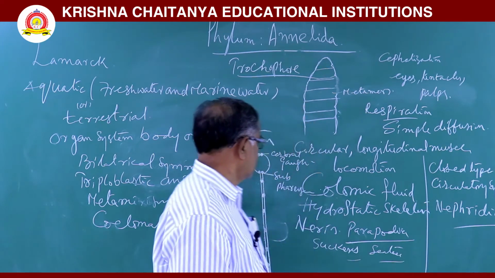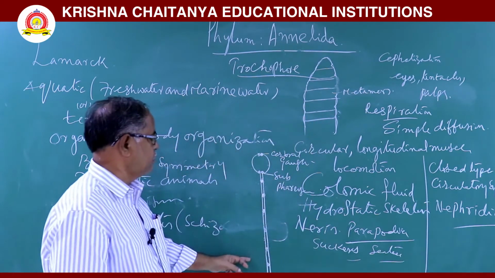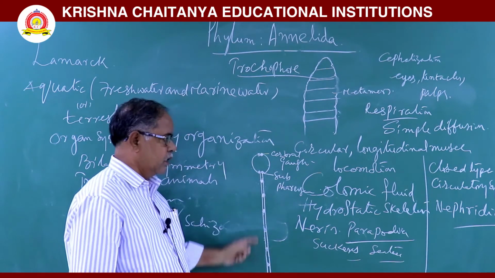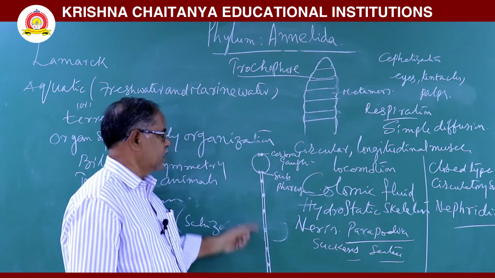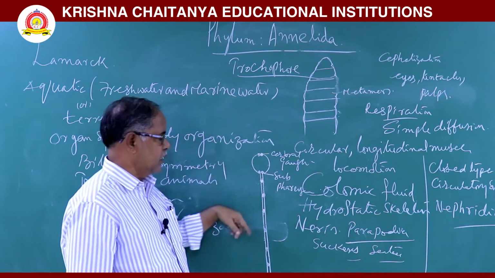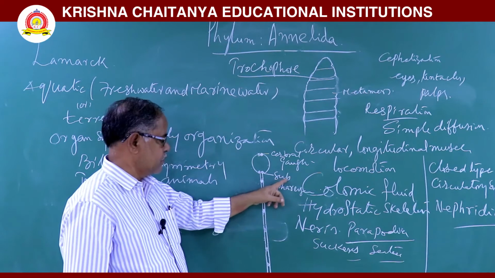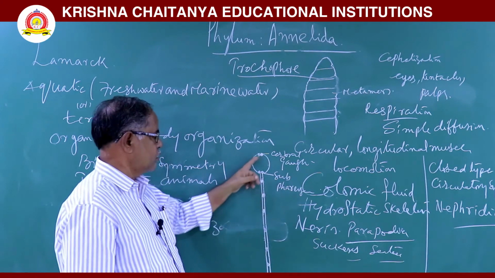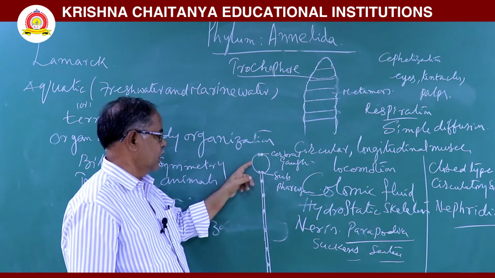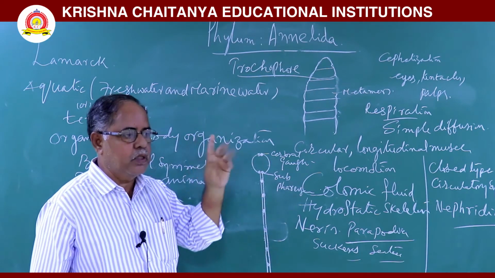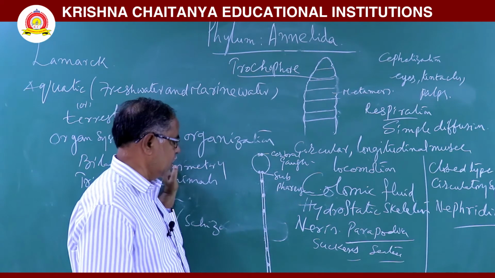In this animal, the nervous system is well developed. Here, a nerve ring is there. Next, a ganglionated double ventral nerve cord is there. This nerve ring is formed by one pair of cerebral ganglia and one pair of subpharyngeal ganglia. These two ganglia are connected by one pair of nerve fibers and form a nerve ring around the pharynx.